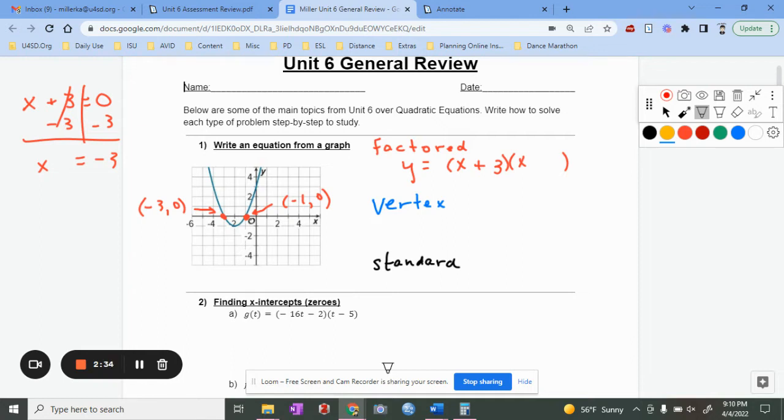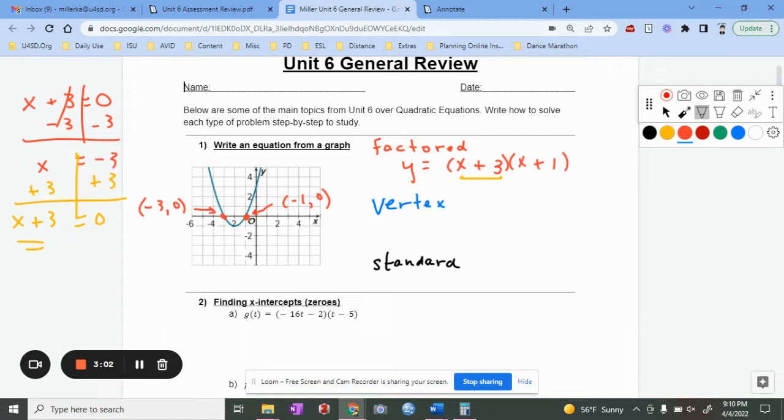So what can I do? I can add that 3 back to both sides, and we get that x plus 3 equals 0. And that's our first set of parentheses. Okay, the second set of parentheses, we're going to do the same thing with that -1. So instead of having x minus 1, I'm going to have the opposite, x plus 1. And so that's my equation in factored form.